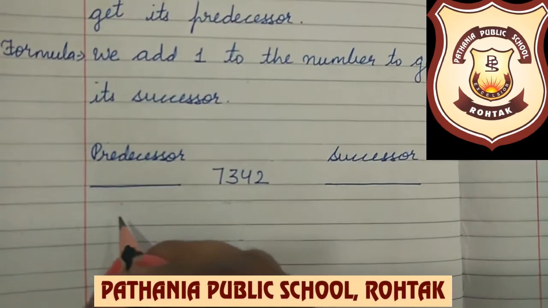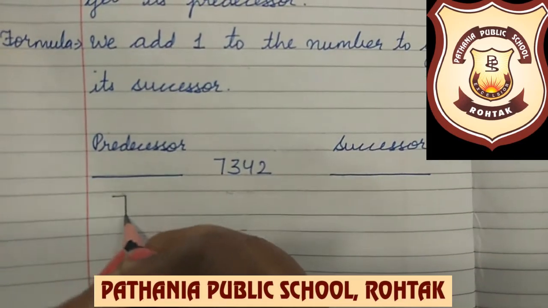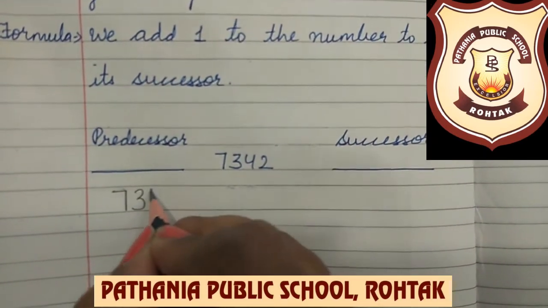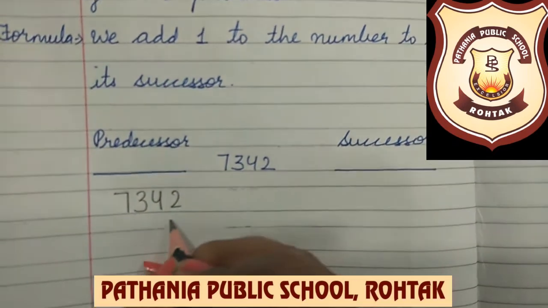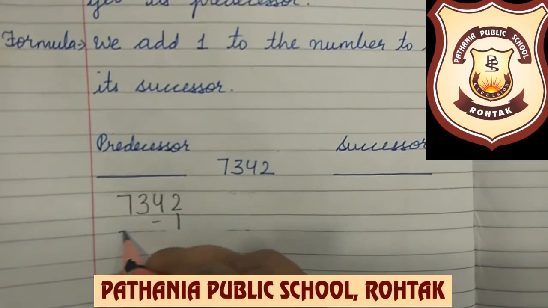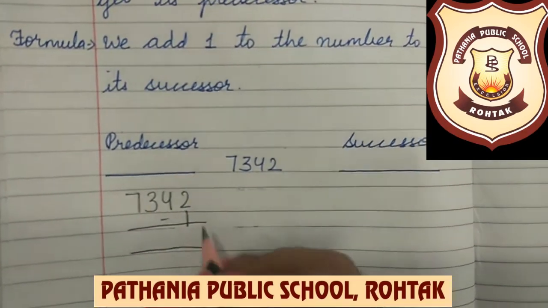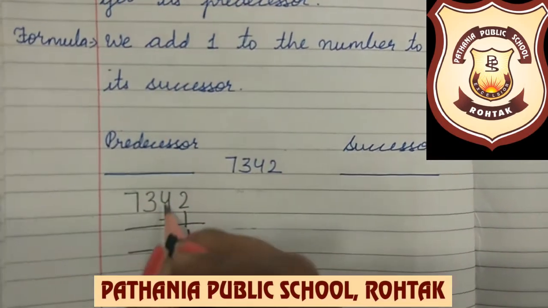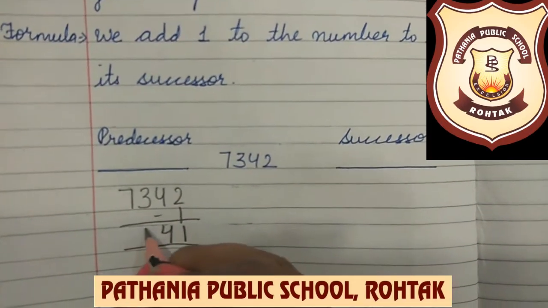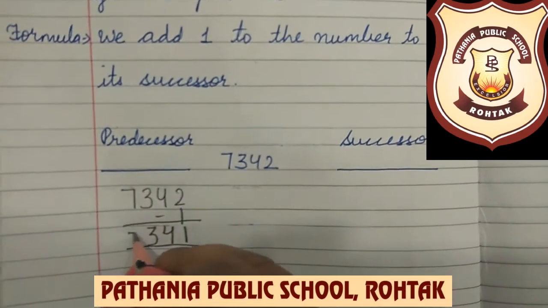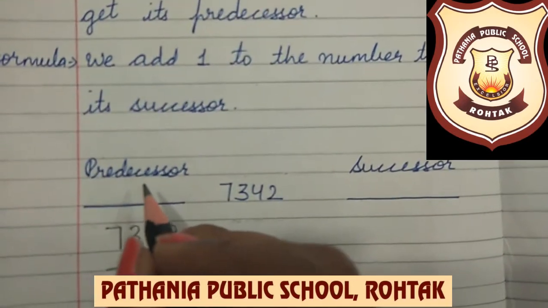How will we do it? For the predecessor, we will subtract 1 from it. 2 minus 1 will be 1. 4, 3 and 7 remain the same.